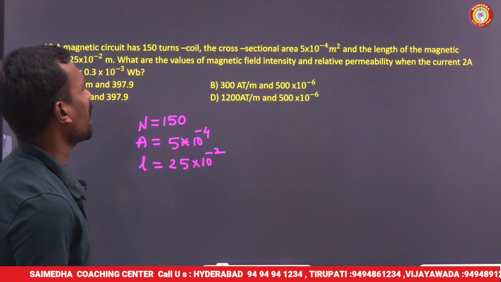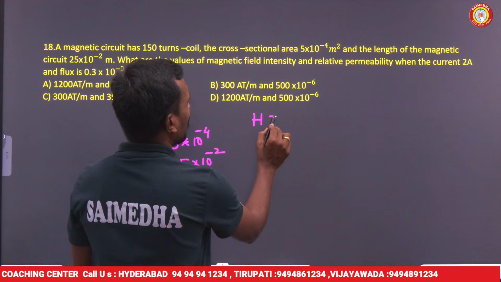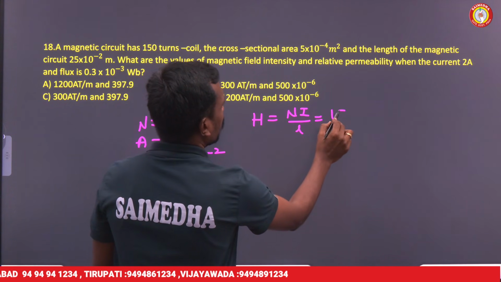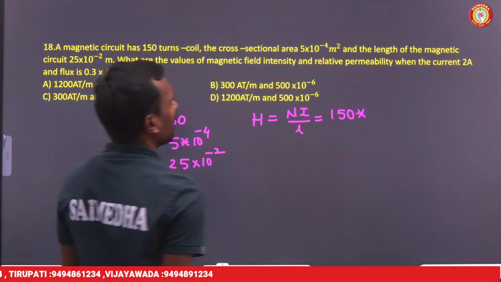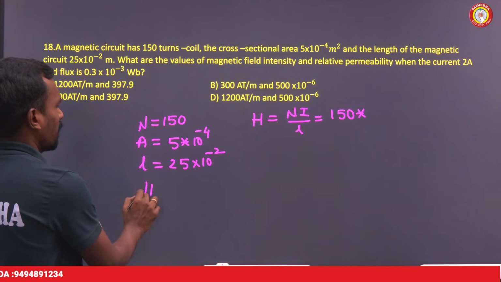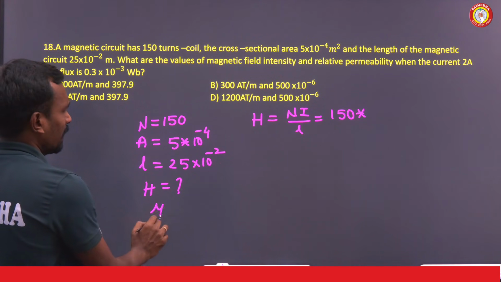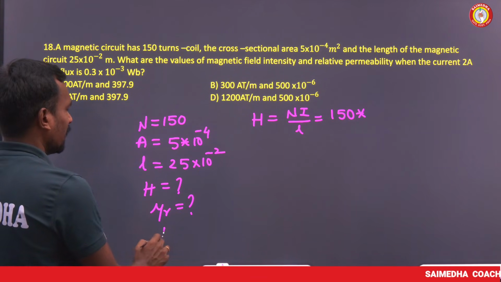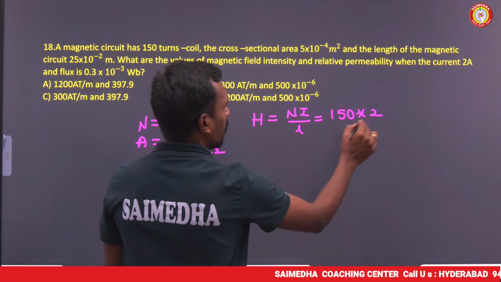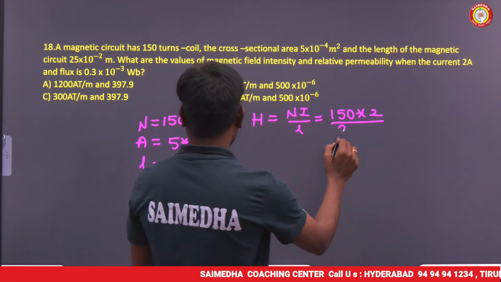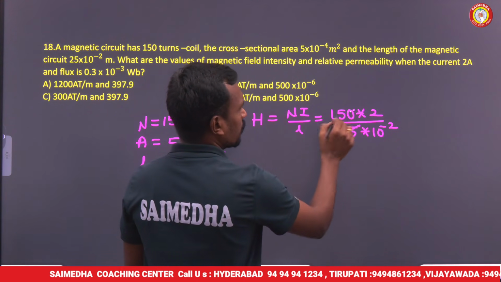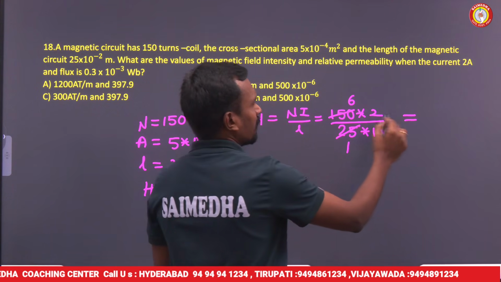What are the values of magnetic field intensity and relative permeability when the current is 2 amperes? Magnetic field intensity is NI by L. N is 150, and the current given is 2 amperes, and the length is 25 into 10 to the power of minus 2.